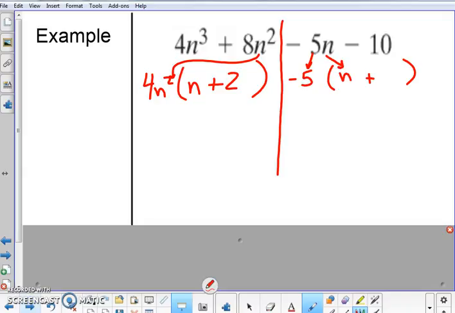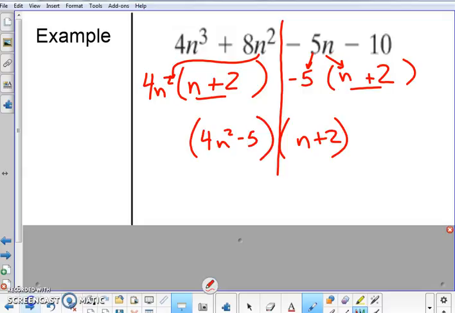And then a negative 10 divided by a negative 5, that would be a positive 2. And so now that's how we get that n plus 2 inside the parentheses. That's one of our terms. And then our other term would be 4n squared minus 5. Okay, and you can multiply that out, and you should get back to our original expression up at the top.